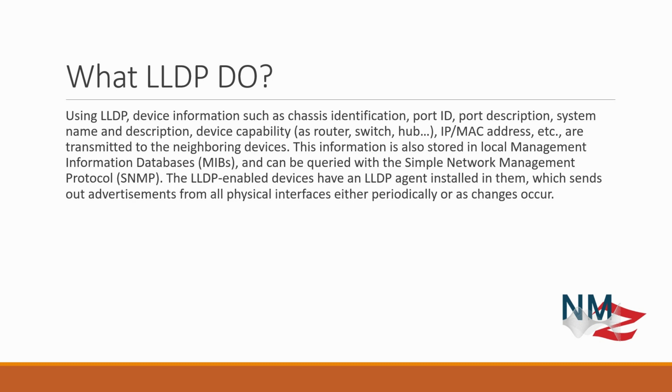This information can then be used by network monitoring software like SolarWinds or ManageEngine to draw the network diagram automatically, and also monitor whether a port is up or down and so on.